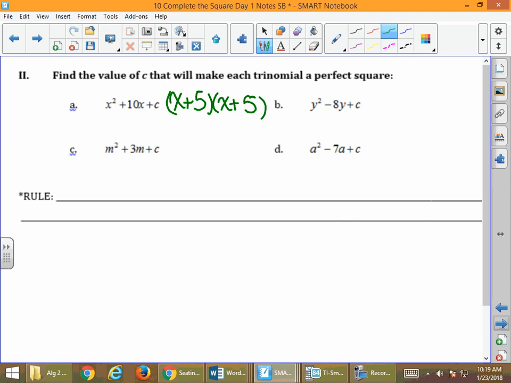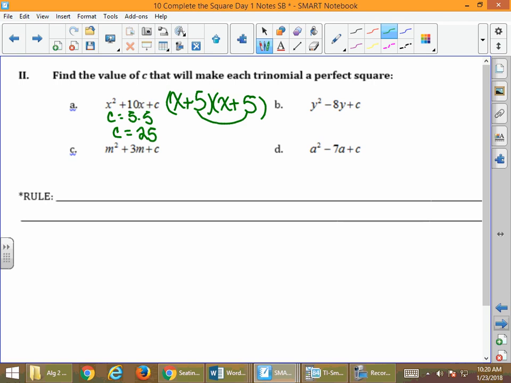So, what we want to know is, what does C equal? And where we get that value of C is by multiplying those two together. So C, in this case, is 5 times 5. And ultimately, C is 25.